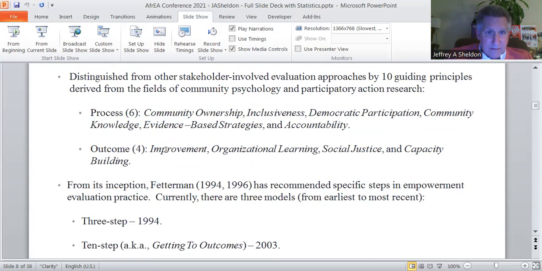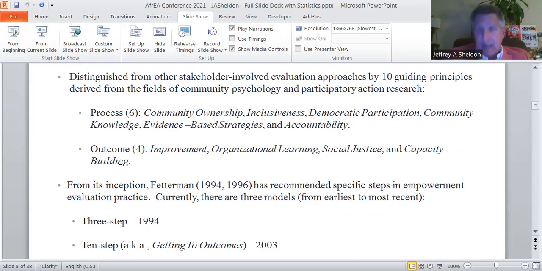And I think this is the last slide on empowerment evaluation. Just now, it's more into what it looks like. It's distinguished from the other stakeholder evaluation approaches by its 10 guiding principles.